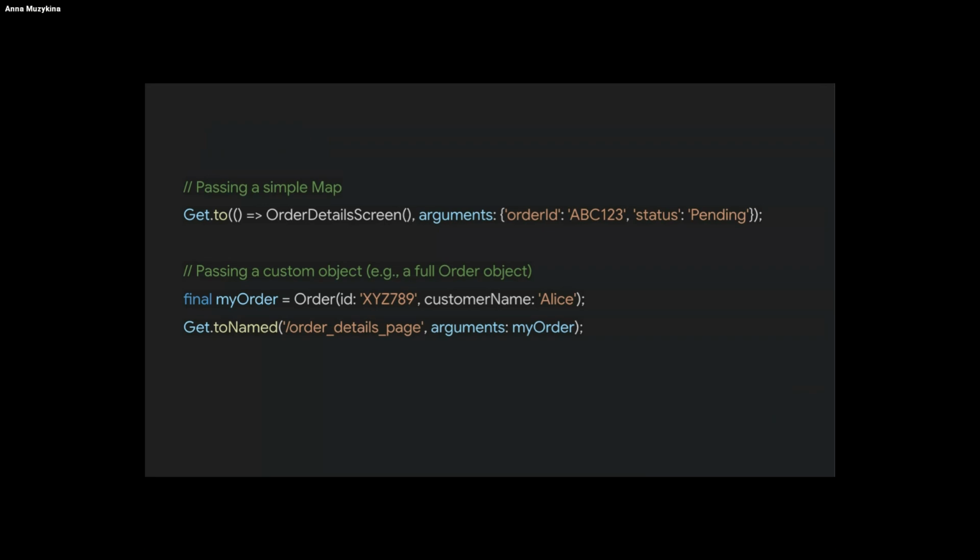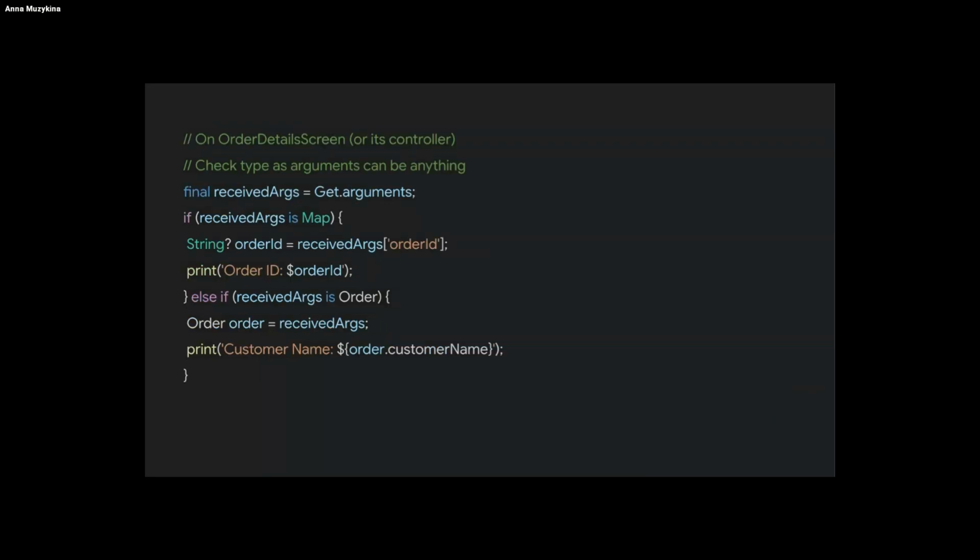While dynamic parameters are great for simple IDs in the URL path, for more complex data, like an entire user object, a map of various settings, or a list of items, you will use the arguments parameter, and you can pass any data object, primitive, or collection.